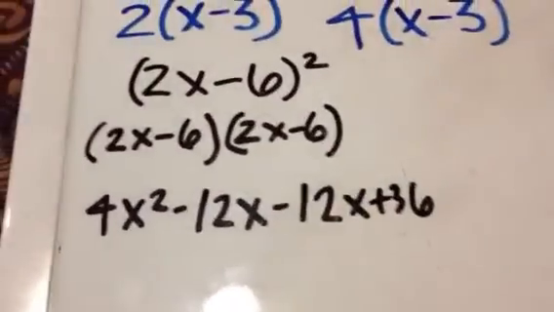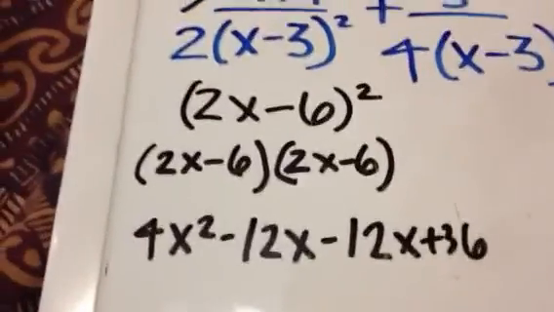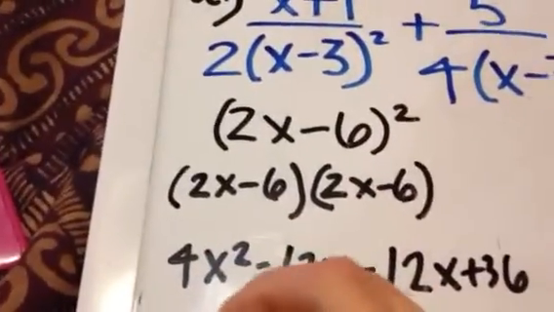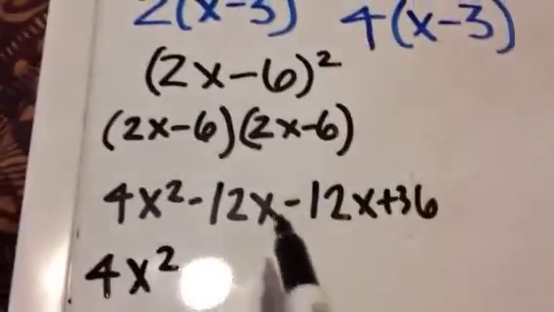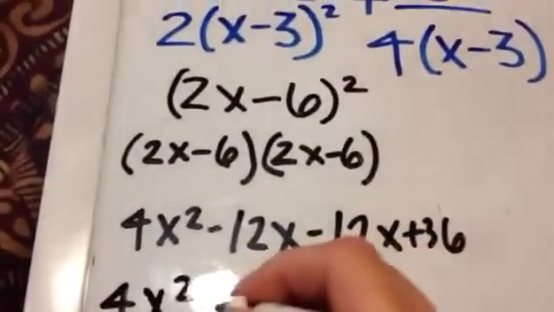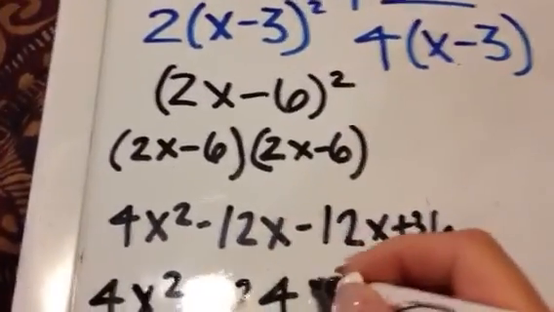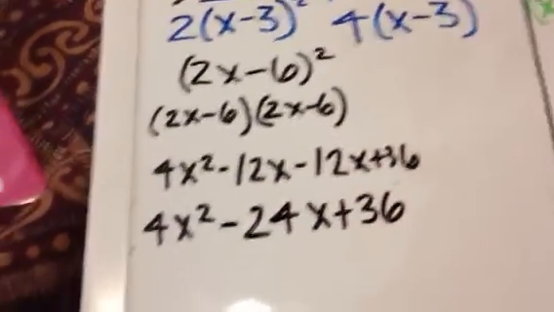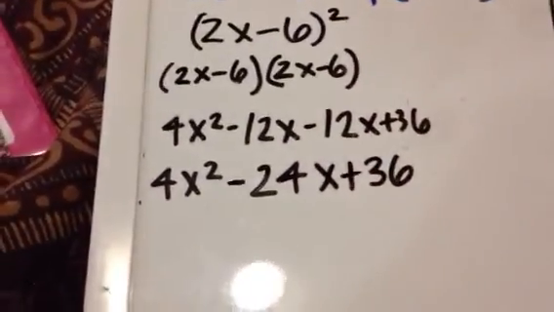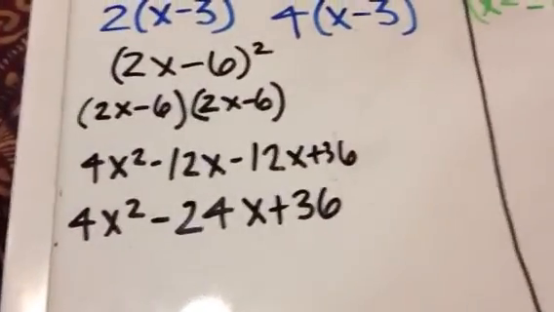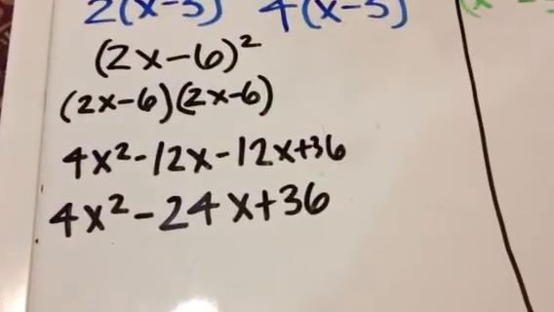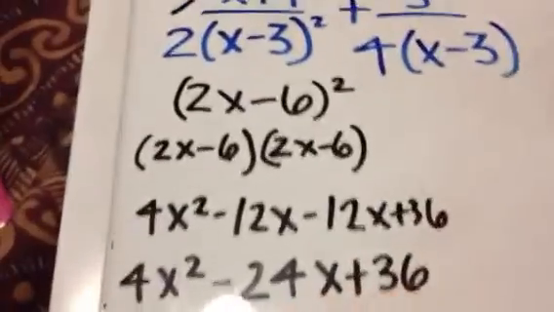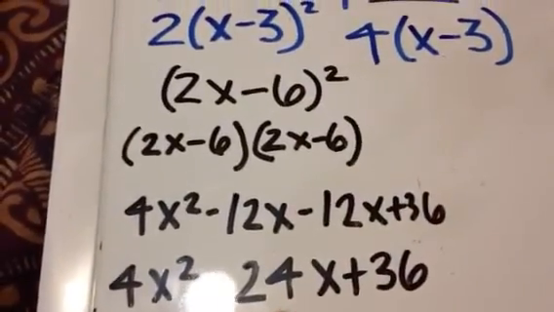Now you're going to get your like terms together. So you have 4x squared, and your negative 12s, which would be negative 24x, plus 36. Now you are ready to factor this problem, and you start out by taking your 4x squared.